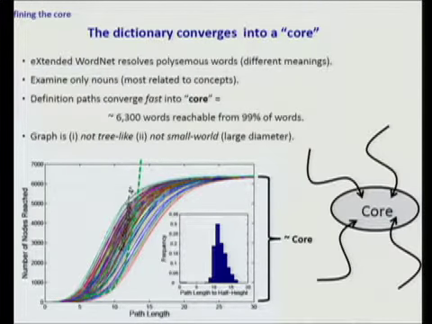So all these paths contain something like a hair that goes along some tree-like structure, and then it hits a core of about 6,000 words. So basically only something like 20 words along this pathway depend on the starting point, while the rest of the words that are accumulated here belong to this core.